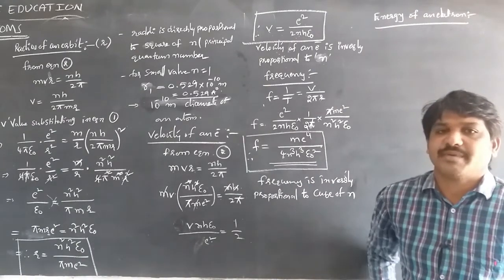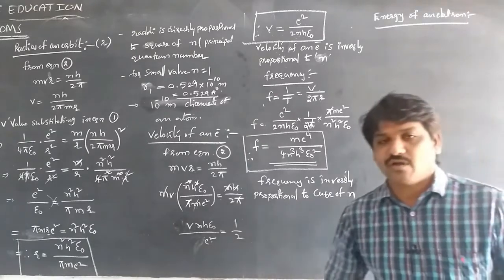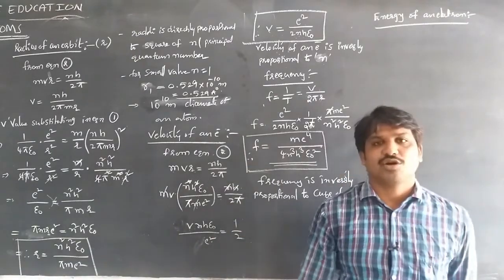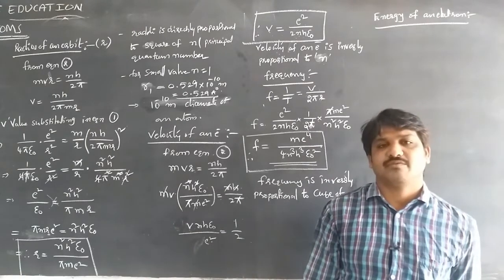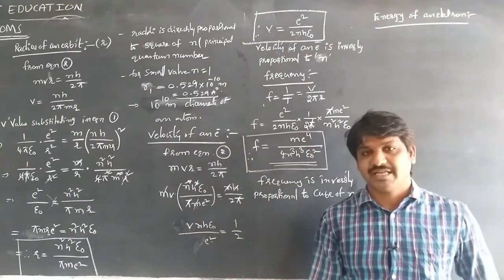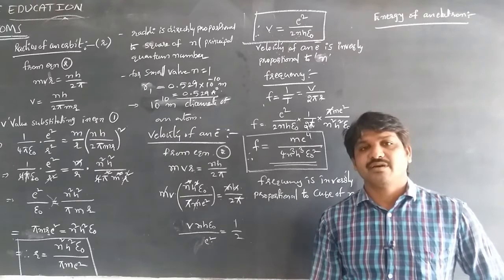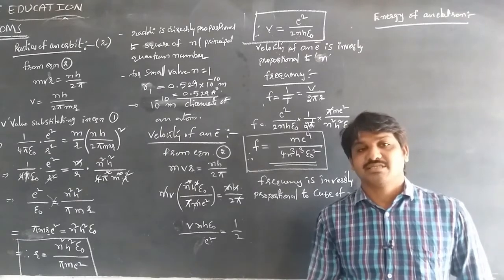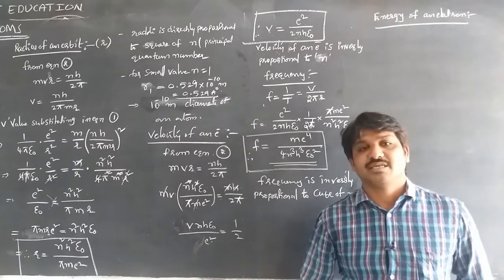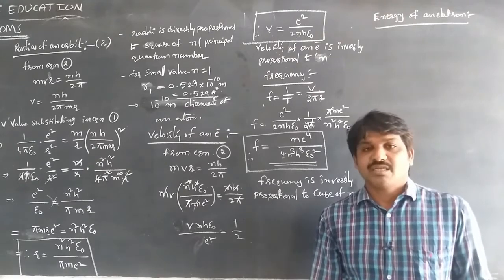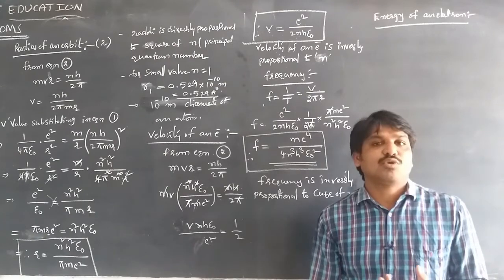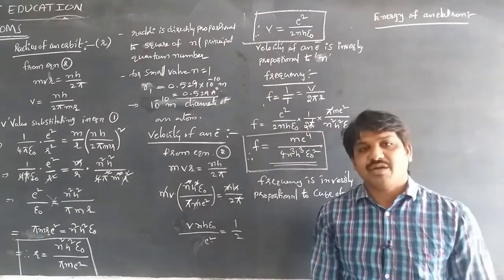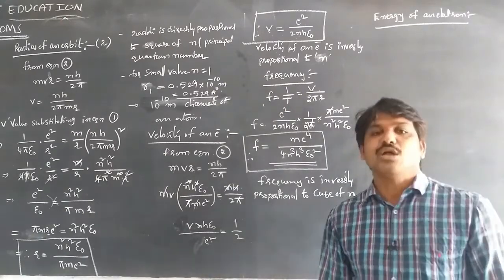Whenever electrons are revolving in a stationary orbit, they don't radiate any energy. While revolving, because of motion, they have kinetic energy, and they also have potential energy. When both are combined, it is considered the total energy.